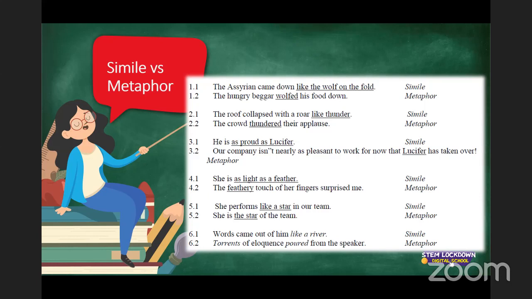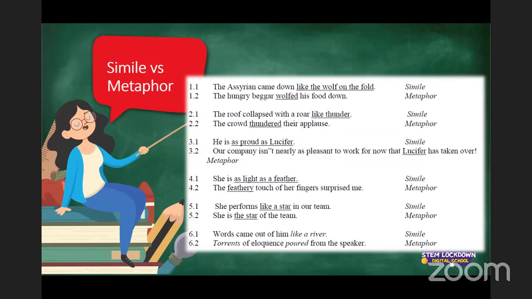Remember, a simile is always simple to spot: you must just look for like and as, but ensure that it's not a comparative statement. And then, he is as proud as Lucifer. That's a simile. Then we see the metaphor: our company isn't nearly as pleasant to work for now that Lucifer has taken over, implying that the boss is a devil, basically.